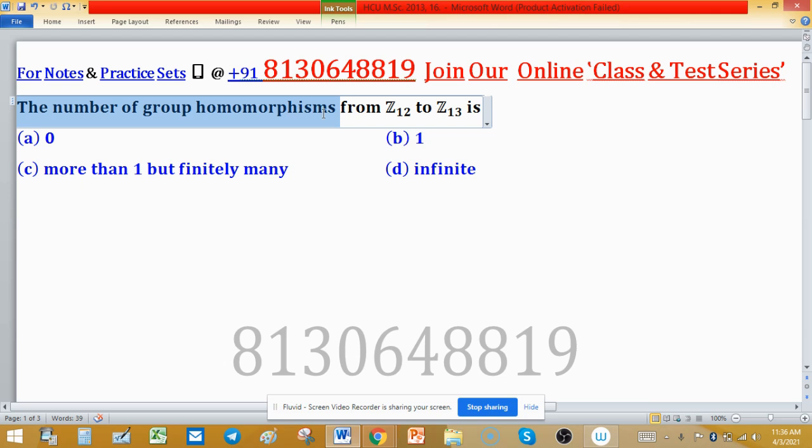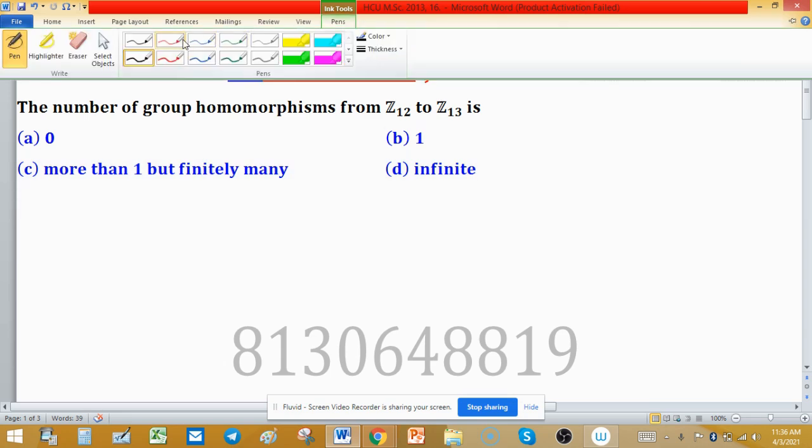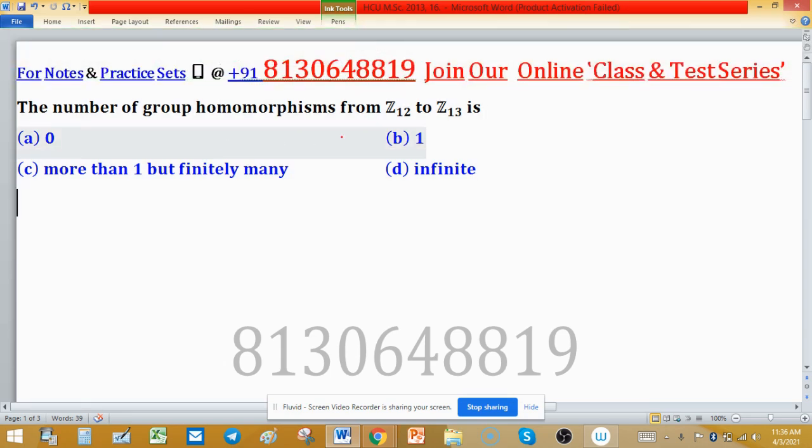The number of group homomorphisms from Z12 to Z13 is: 0, 1, more than 1 but finitely many, or infinite. We have to find how many homomorphisms exist here.